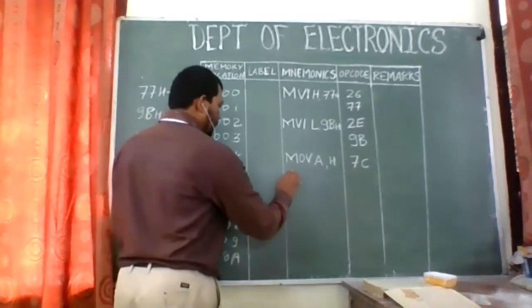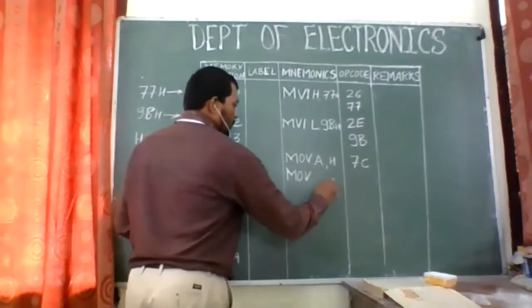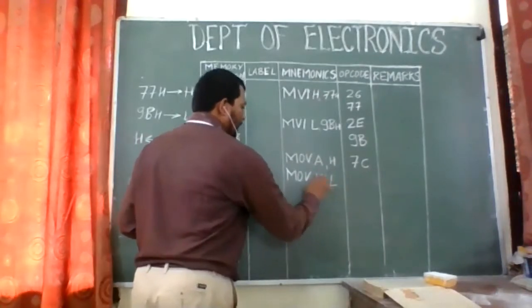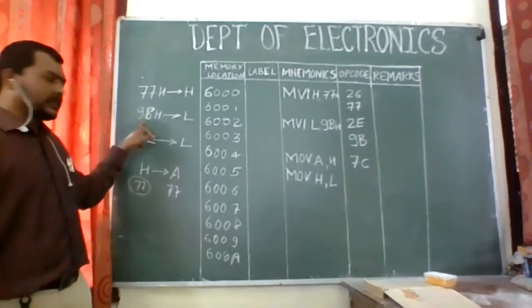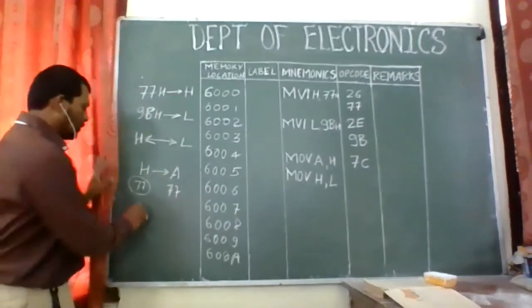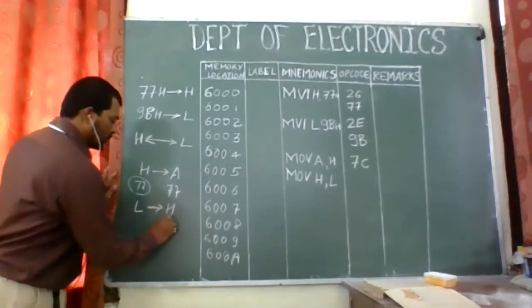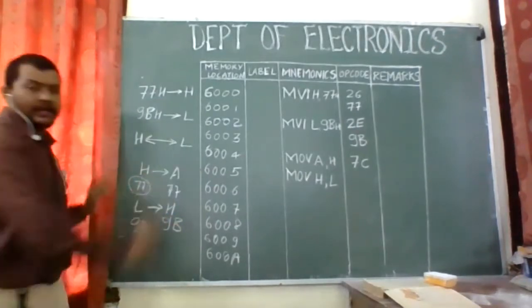Now in 6005, we will move the data of register L to register H. So we are exchanging the data now. Now the content of L, that is 9B, is being moved into register H. So now H is containing 9B and L is also containing 9B.